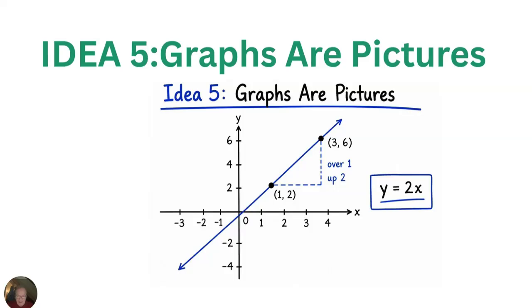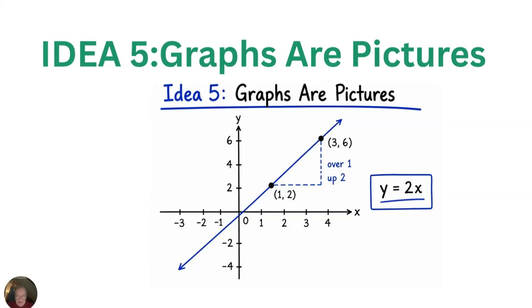The number you put into the equation is the x, which is the horizontal position on this graph. And the answer you get is the y value, which is the vertical up and down. So you can see with the pair that I have in parentheses, I have a 1, 2. That means if I put a 1 into the equation, 2 times 1 is going to be 2. So 2 is the answer. And if I put a 3 into that same equation, I'm going to get 2 times 3, and we're going to get 6 for the answer.